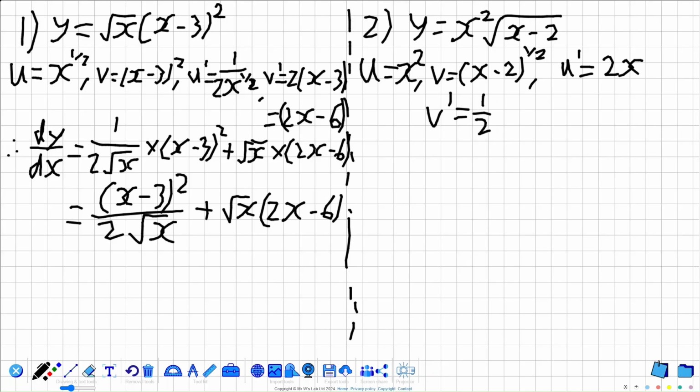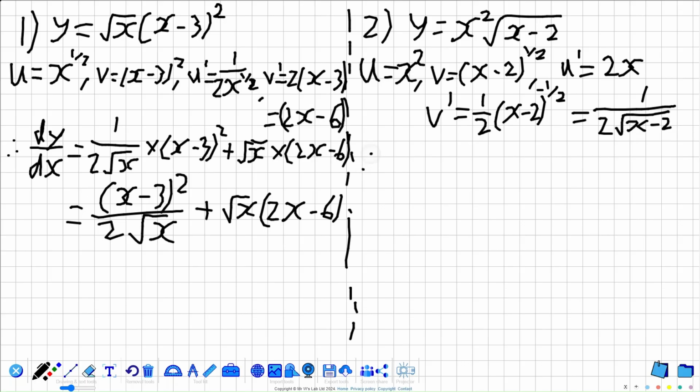I've got 1 over 2, because I've multiplied that for the chain rule, (x minus 2) to the power of negative 1 over 2, which actually really helps me in working out what that's going to be, which just becomes 1 over 2 root x minus 2, like that. So perfect.